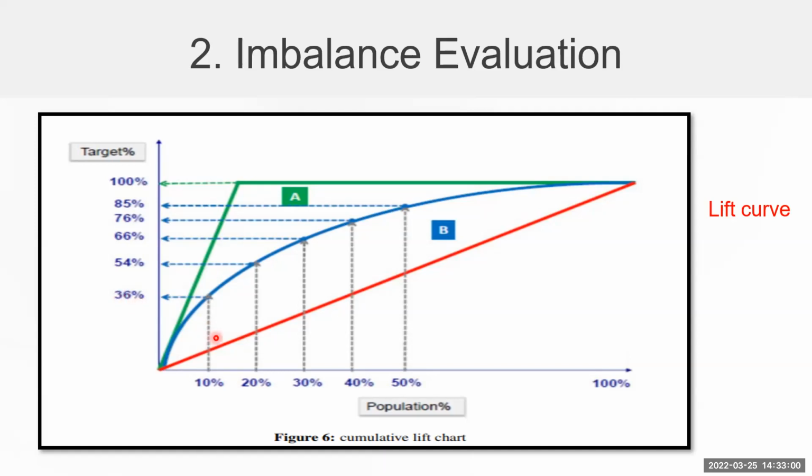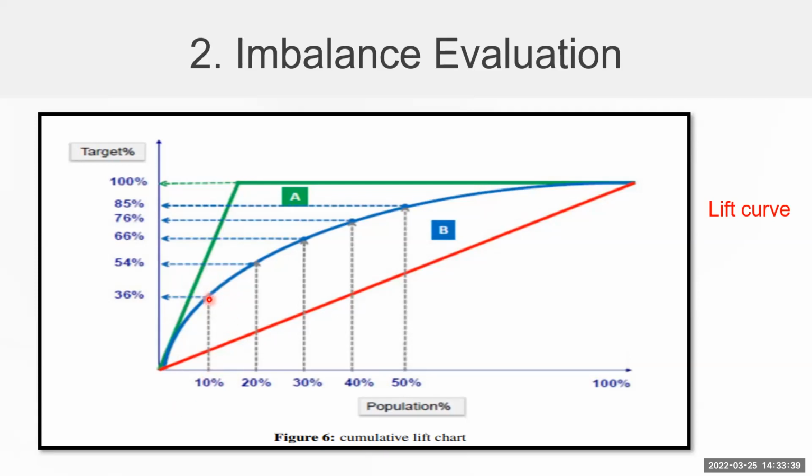Only 36. But if we see in the A model, we actually get a higher target. Maybe more than 50, maybe 60%, in the same population and the same fund that the company gives to marketing to contact the customers who actually want to churn.